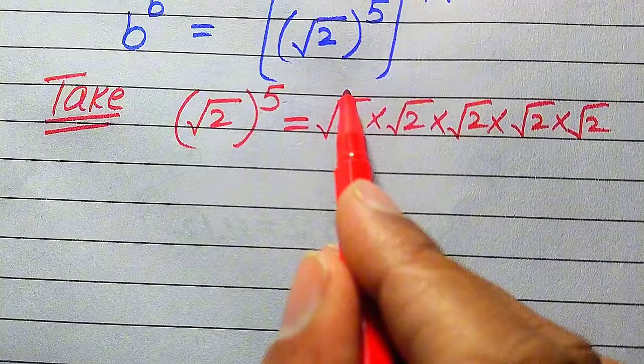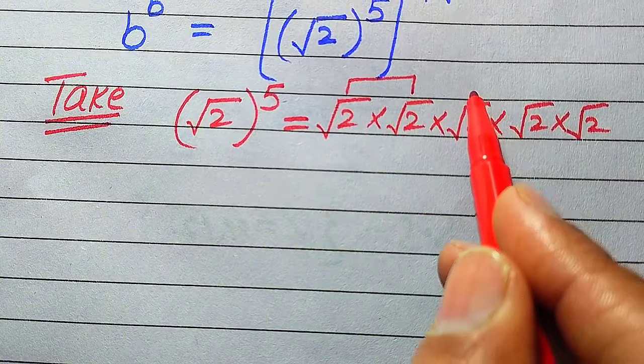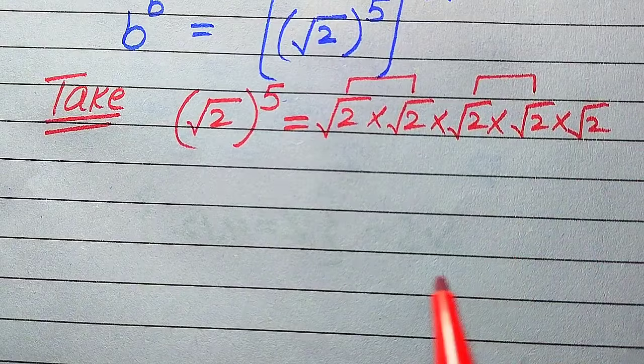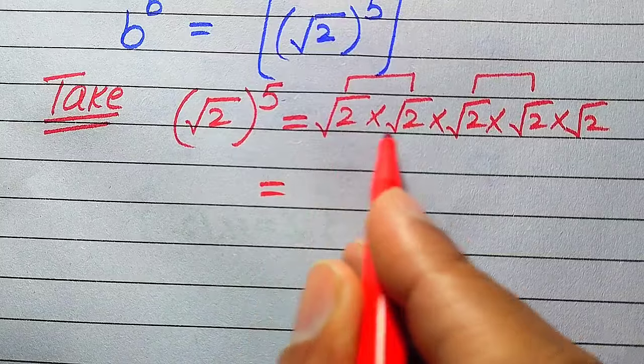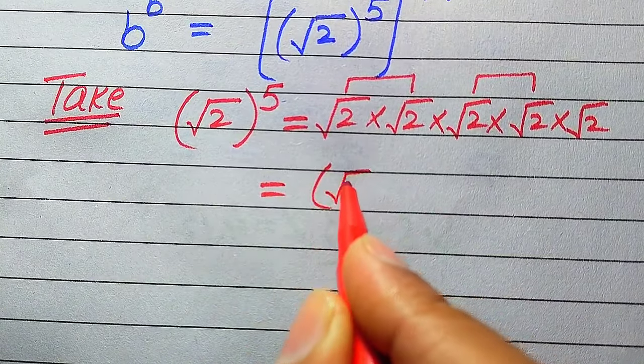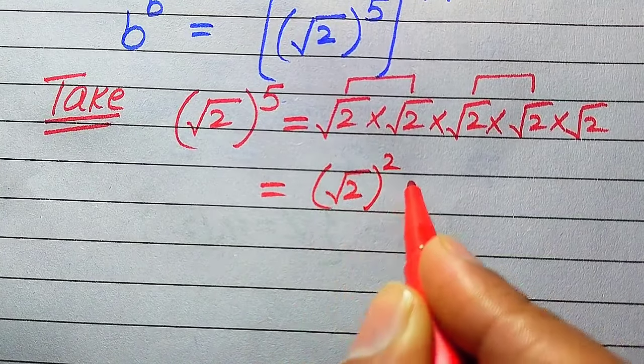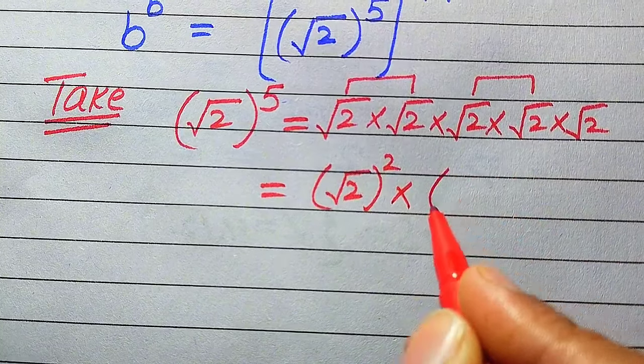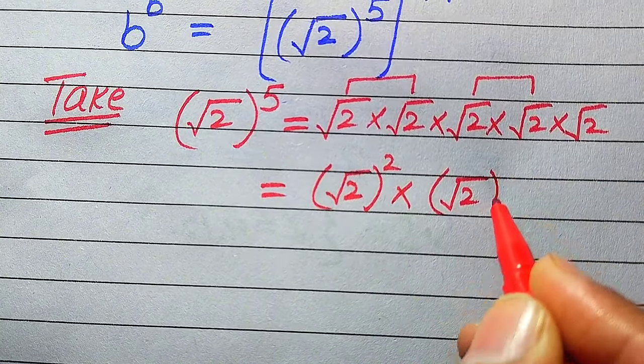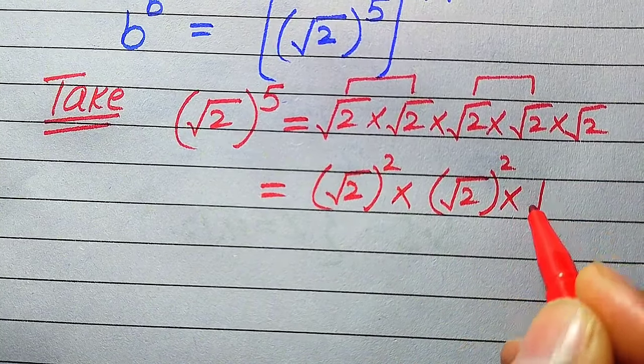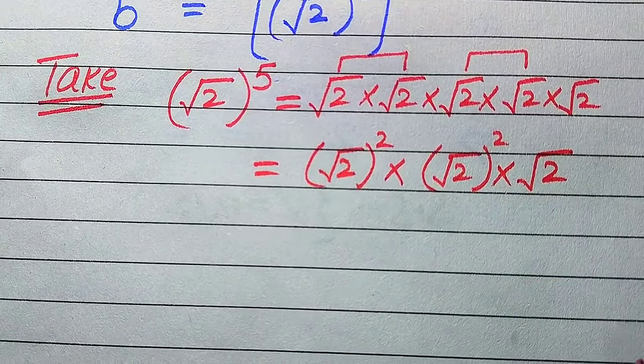And now you see that we need to make pairs of these two terms and these two terms as well. So when we make the pair of these two terms, it will become square root of 2 and its whole square, multiplied by, when we make the pair of the next two terms, square root of 2 and its whole square, multiplied by square root of 2.